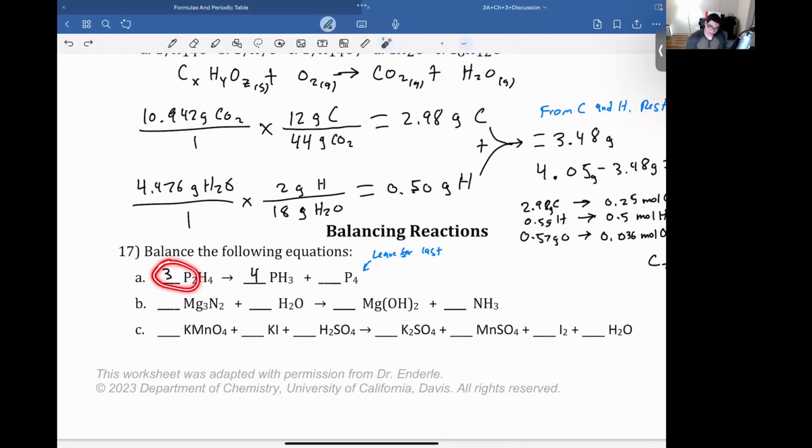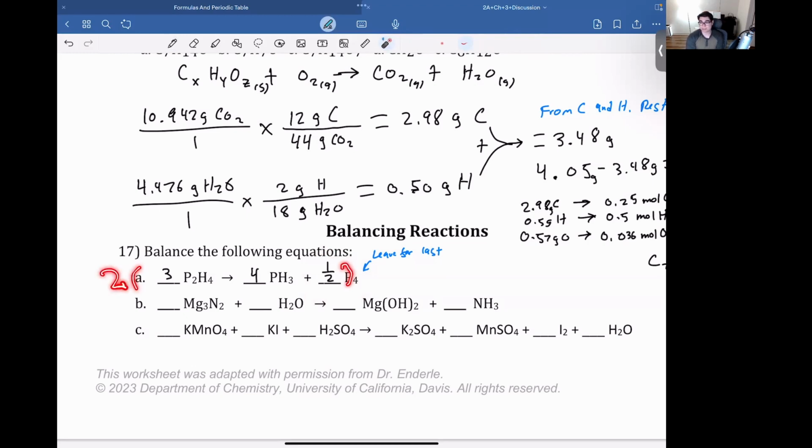There's 6 on the left. There's 4 here. I need 2 more phosphorus, right? So if I need 2 more, I can take 1/2 of 4. Now, what I just said is you're not supposed to have fractions, right? So what you do is you take this whole thing and multiply everything by 2, just like you would in math.